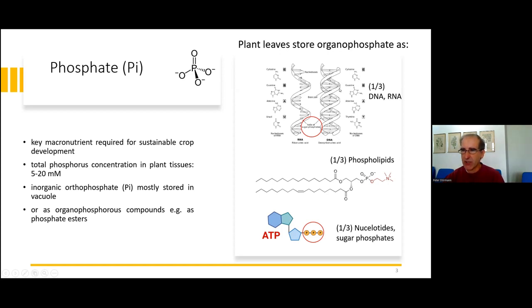So genetic material in a wider sense. 1/3 is bound to membranes, phospholipids. And the last third is bound in nucleotides and sugar phosphates, so in metabolically active compounds where phosphate also plays a big role. These are the major pools of organic phosphate, plus the inorganic phosphate in the vacuole.